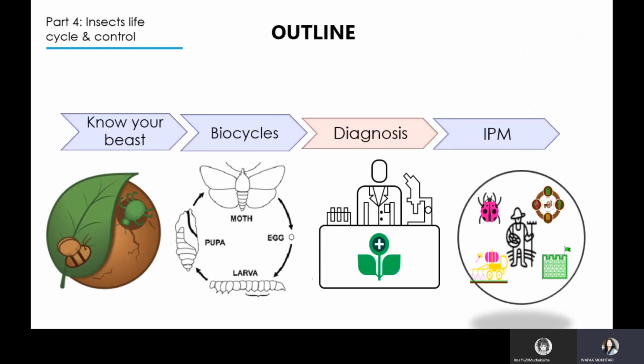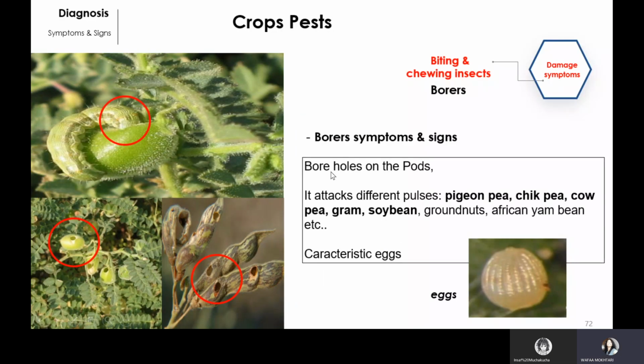How to diagnose them? You may diagnose them with the symptoms they make. Borers make holes on the pods, okay? Because they get inside and they make holes. See the holes?